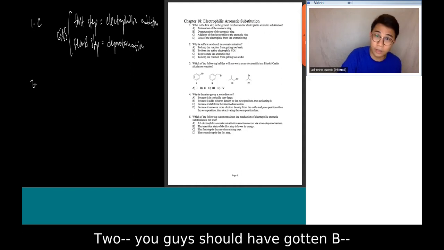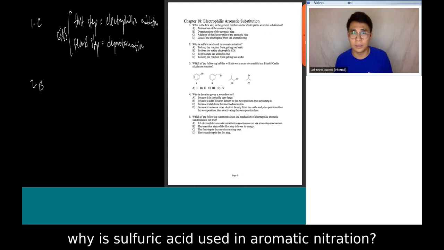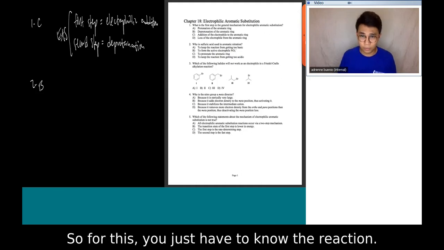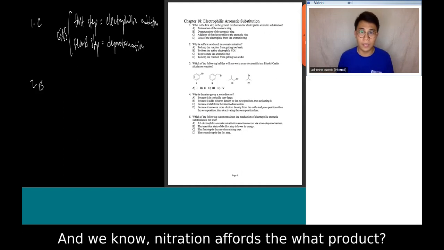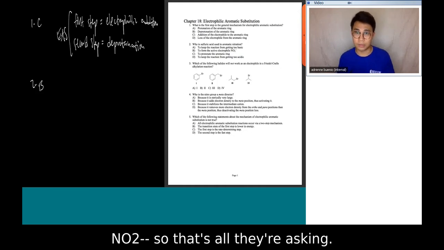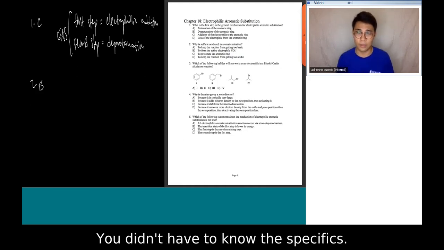Two, you guys should have gone B. Why is sulfuric acid used in aromatic nitration? For this, you just have to know the reaction. Obviously the reaction is nitration, and we know nitration affords what product? NO2. That's all they're asking. You didn't have to know the specifics.